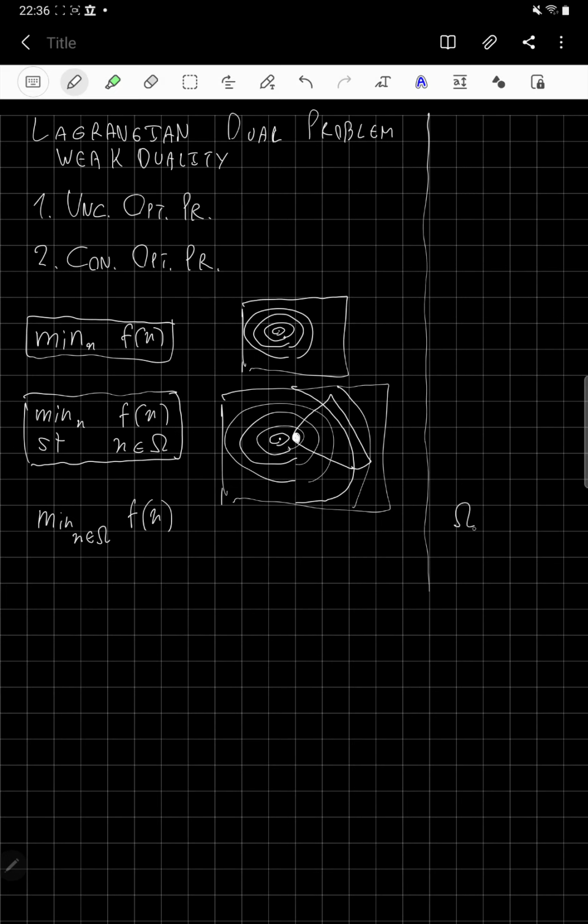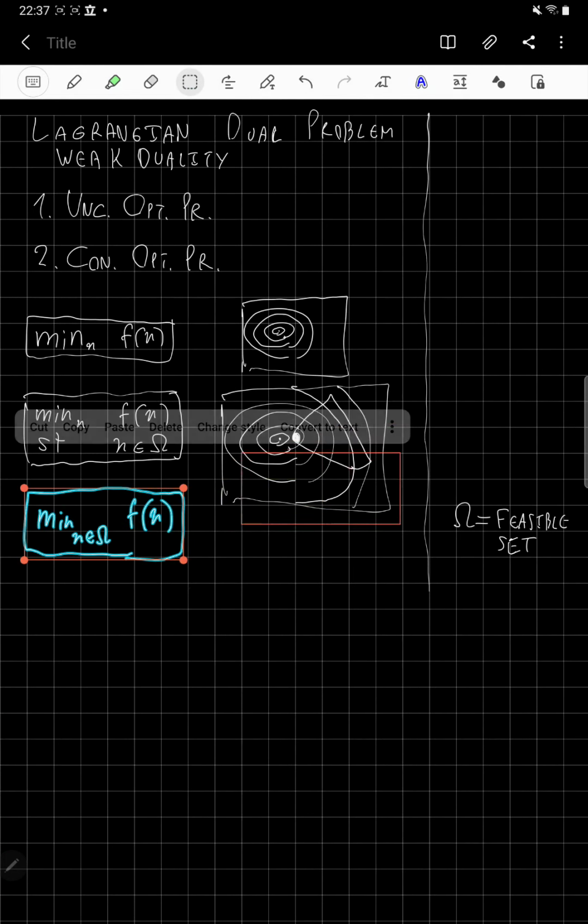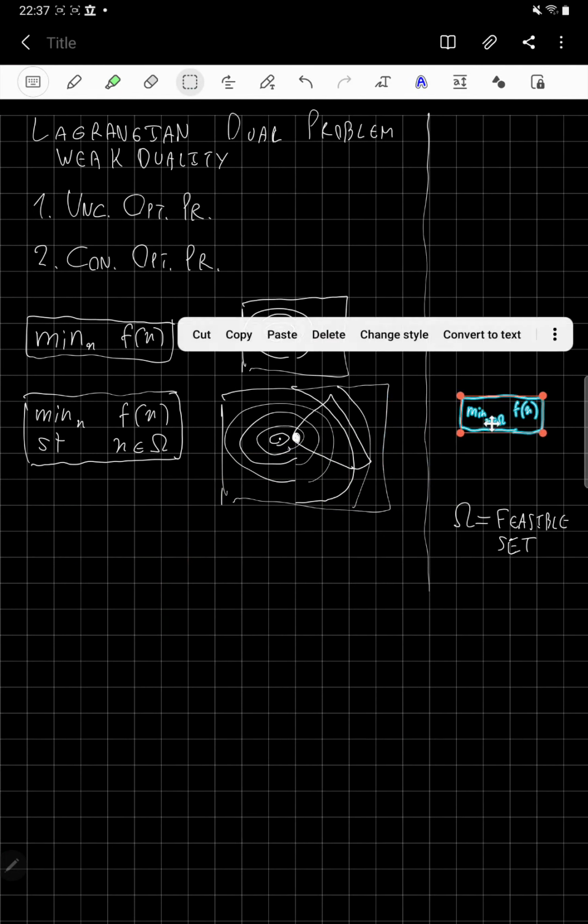And the set that we restrict x to is called a feasible set. Okay, this over here is just another way of writing the same thing, pretty much. So I'm gonna put it over here. It's not very important.